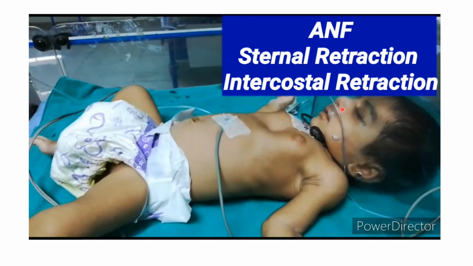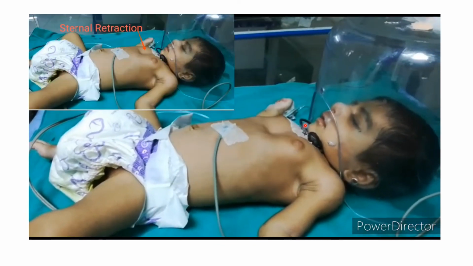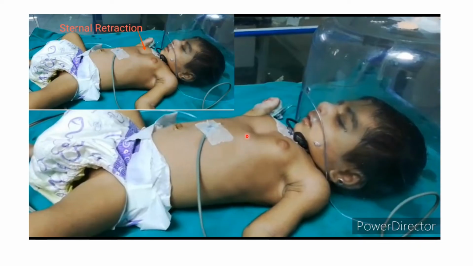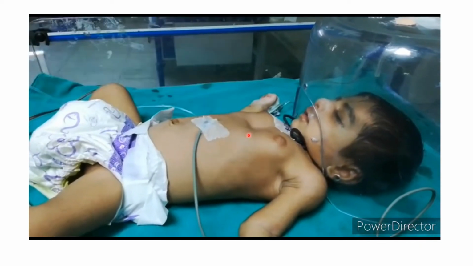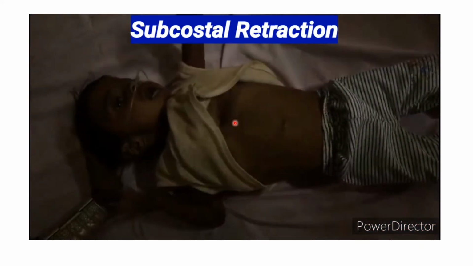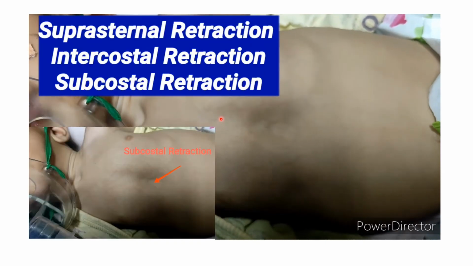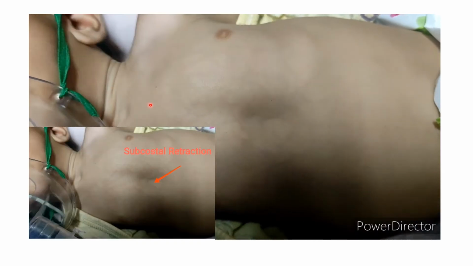Here you can see alar nasal flaring, sternal retraction and also the subcostal retraction and paradoxical breathing. Here also prominent subcostal retraction. Here also the child is having suprasternal, intercostal and subcostal retractions. So all these are the signs of severe respiratory distress.